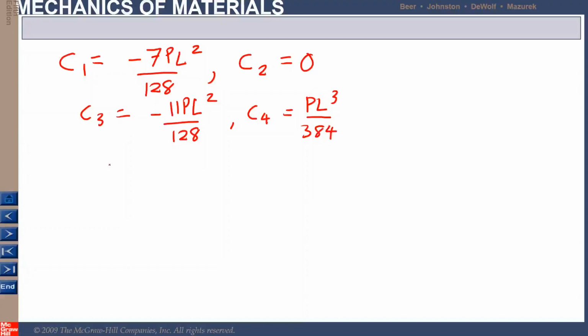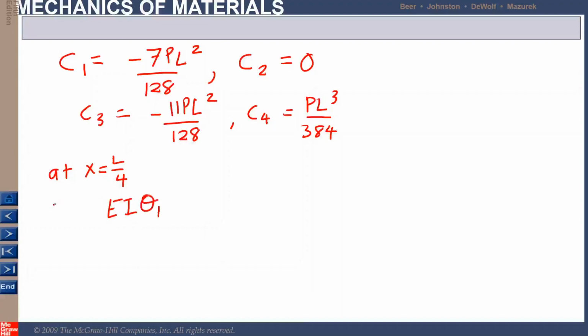So back to the question, what is the slope and deflection at D? At x equal to L over 4, we can find our theta as EI theta 1.